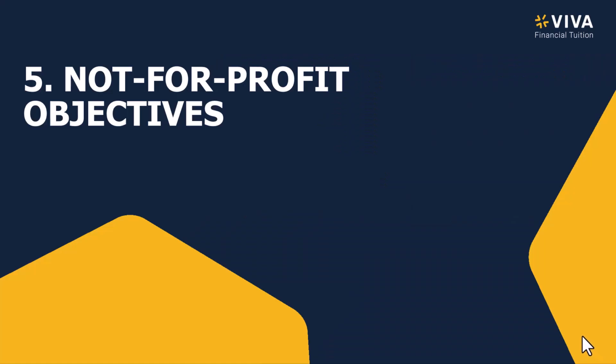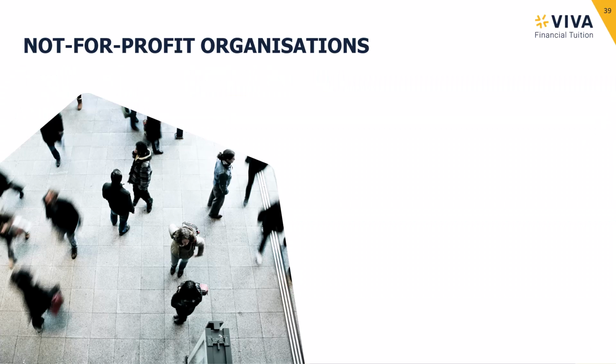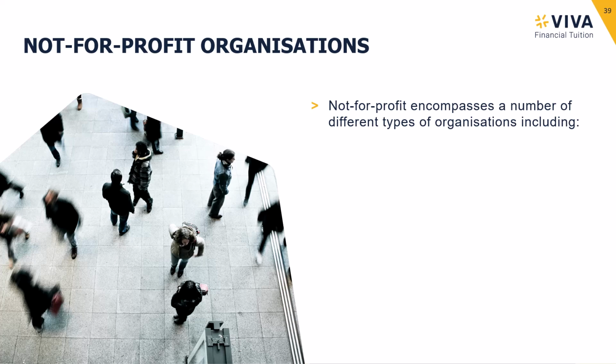Not-for-profit objectives. Okay then, so far we've been concentrating on organisations whereby profit is one of their main objectives. Now, for not-for-profit organisations, there are a number of different objectives that we need to take into consideration because they are not-for-profit organisations.